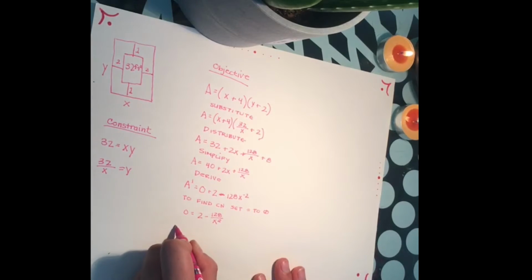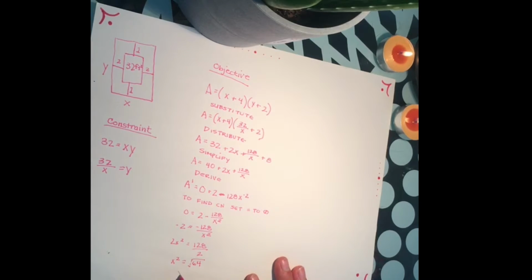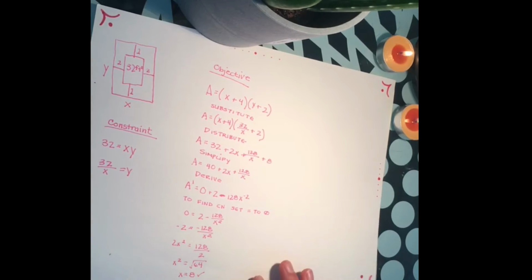Now, solve for the zeros. And your zeros are plus or minus 8.